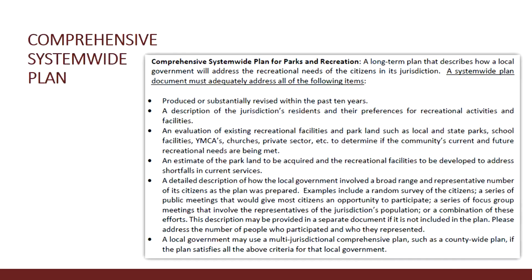The system-wide plan, some also call it a comp plan or comprehensive plan, is usually broader. That's not your specific site, but the entire system for your community. So how the local government is addressing the recreation needs of citizens in a jurisdiction. These are all the items that you must include.